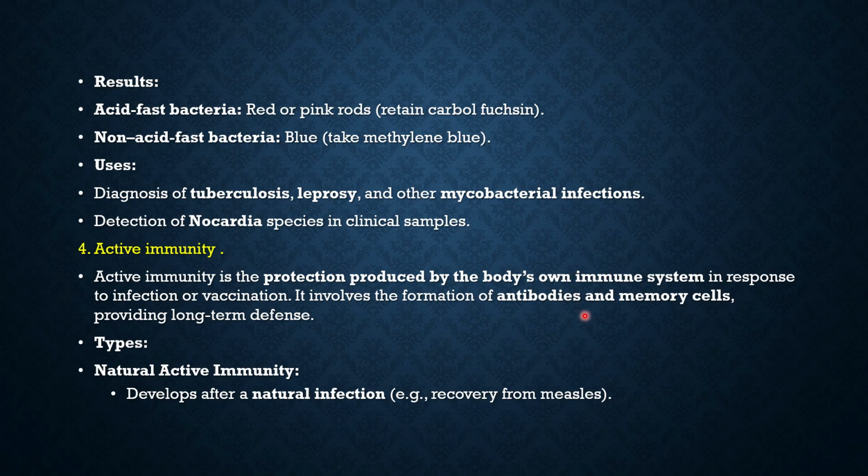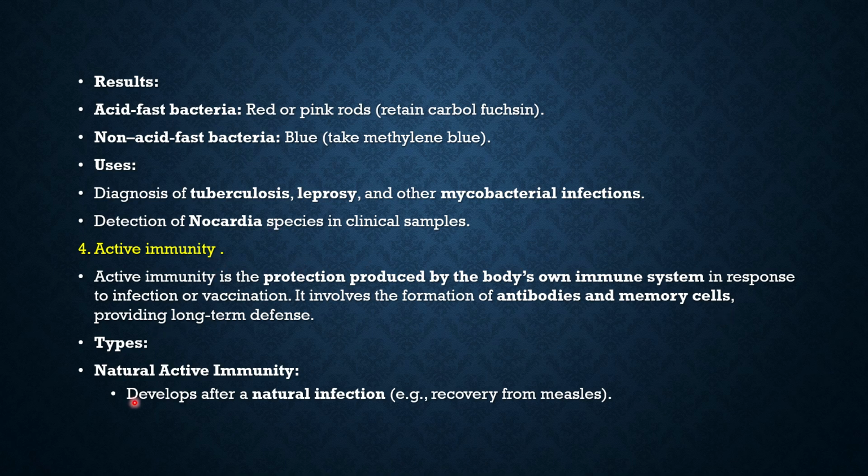They form antibodies which are very specific and also form memory cells. These memory cells have a long term memory, and the next time when the same microorganism enters you, they immediately show a response. So that is active immunity.